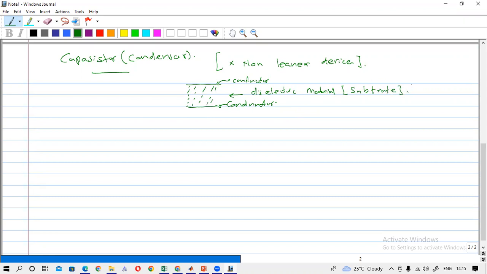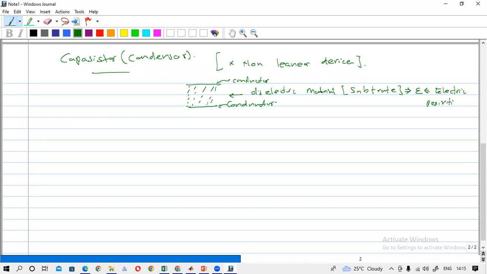And I think you know that there is one parameter we normally refer to using epsilon. We call this electric permittivity, or sometimes dielectric constant.